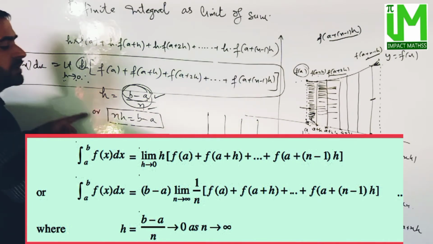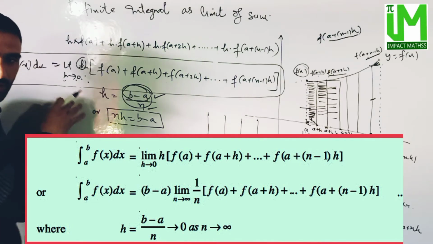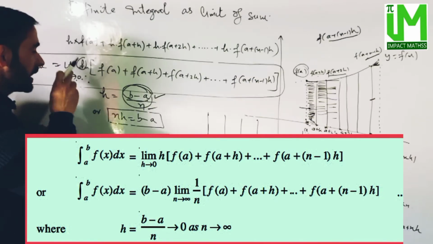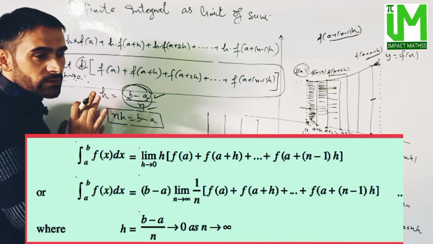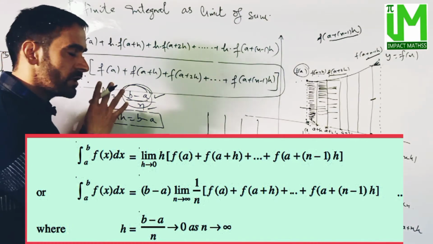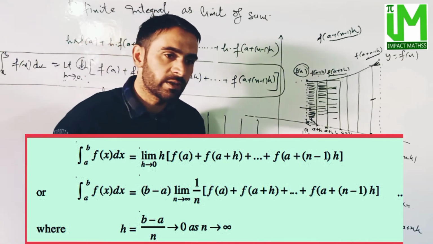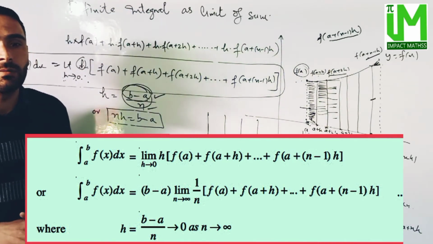Since b minus a is constant, it will be b minus a into the limit as n tends to infinity of 1 divided by n. We can evaluate in terms of n or in terms of h, but more preferable is to calculate the limit in terms of h.